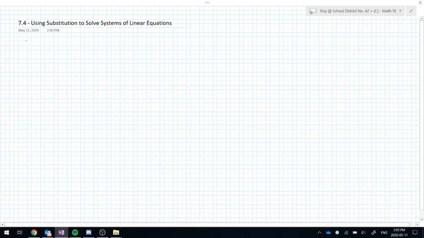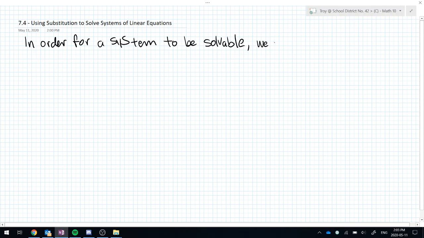So in order for a system to be solvable, we need at least as many equations as we have variables.